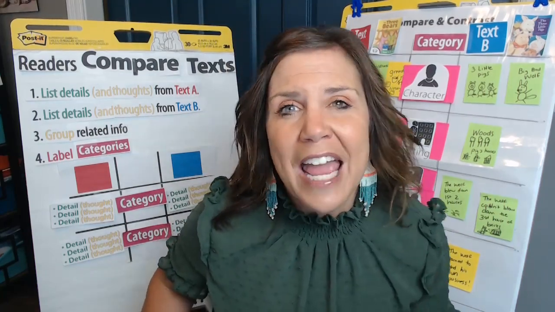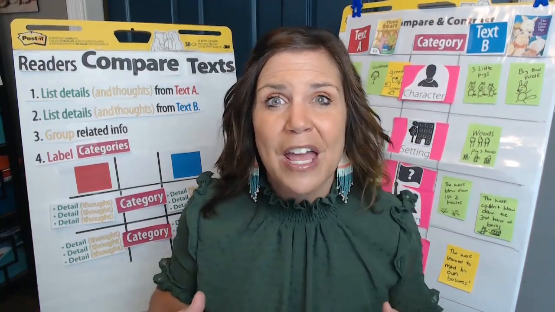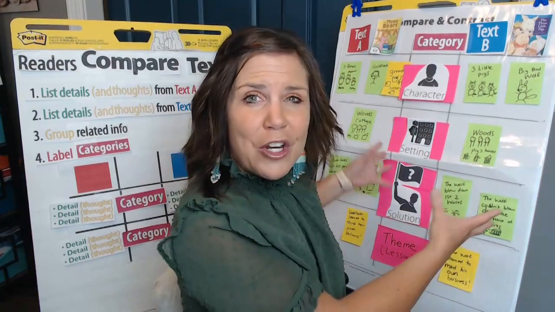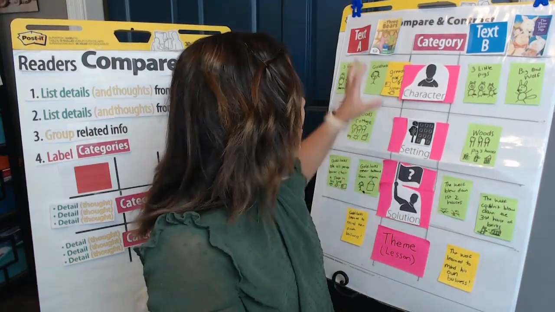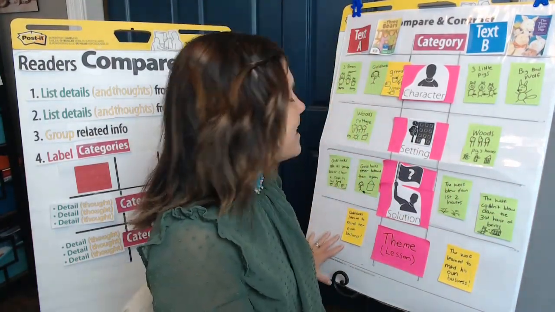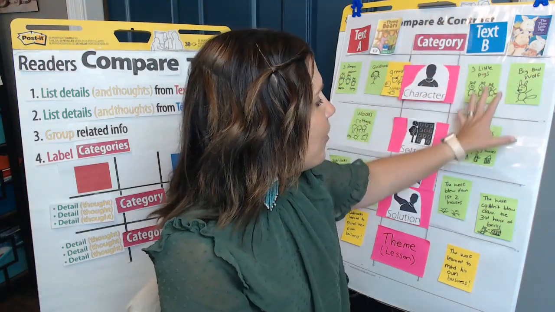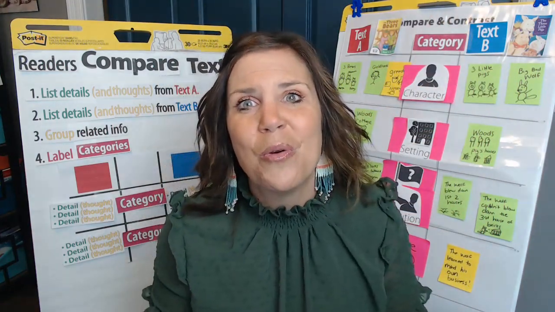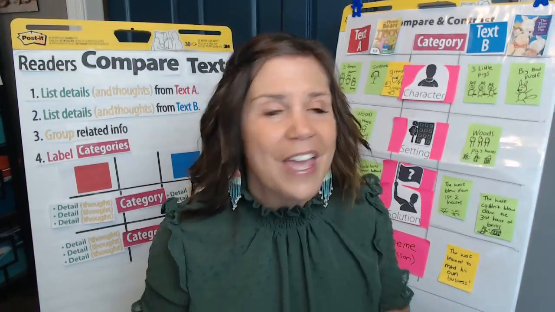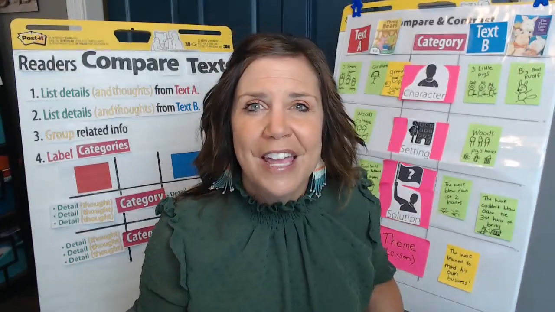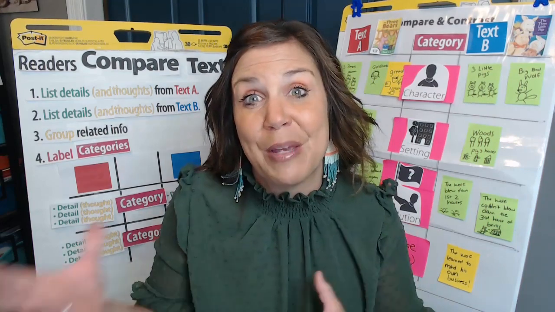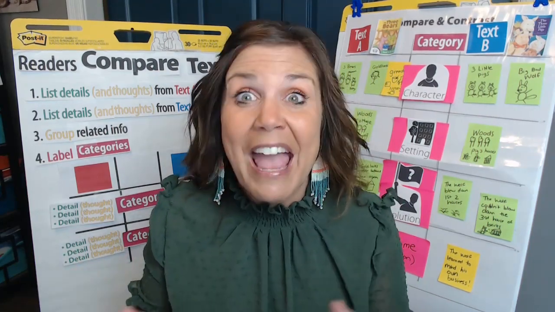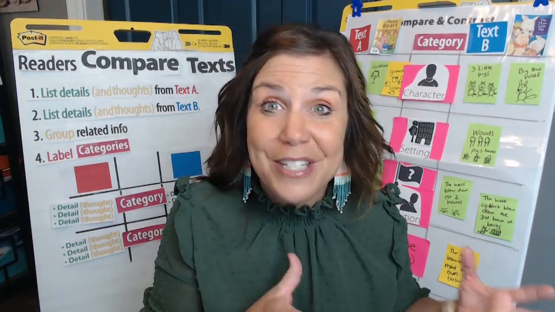And so today we're going to talk about how sometimes after you do the T chart and you pull all those details out, all the details about text A and then all the details about text B, sometimes readers want to write about their thoughts and write about how they're similar, how they're the same, and also write about how they're different.